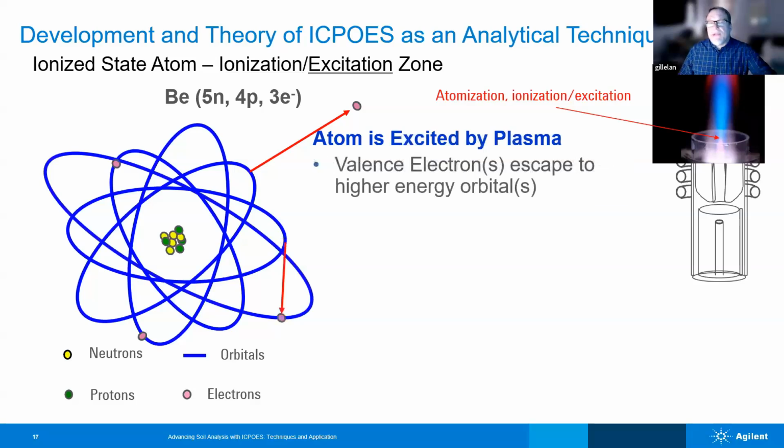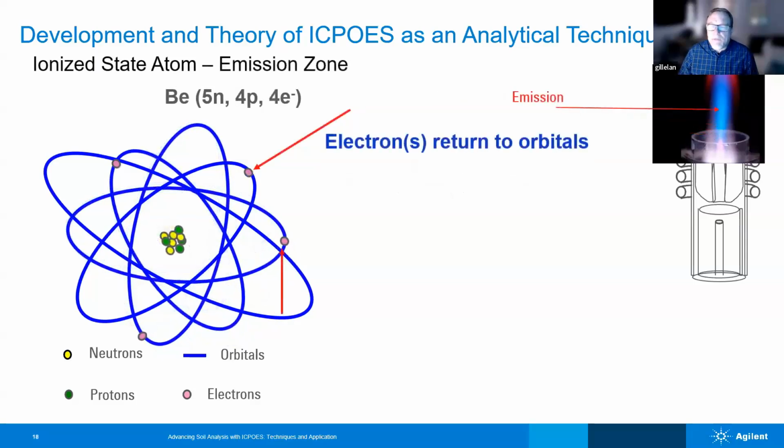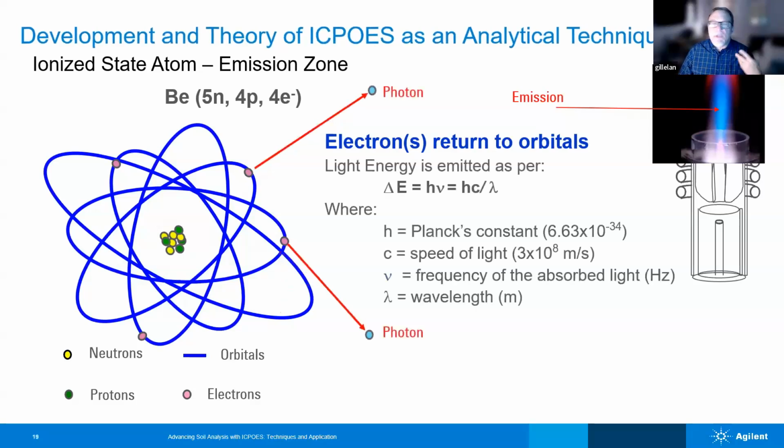When the electron either escapes the atom and the atom is ionized, or kicks into a higher orbital, when they return to their rightful places, then you have light energy emitted. This is something that Planck worked on and came up with this equation that the change in energy is inversely proportional to the wavelength.